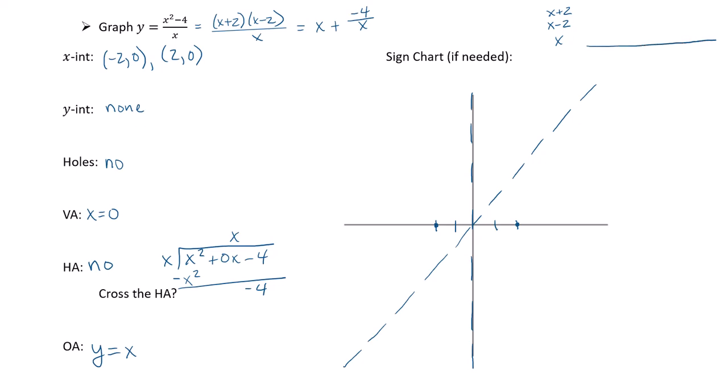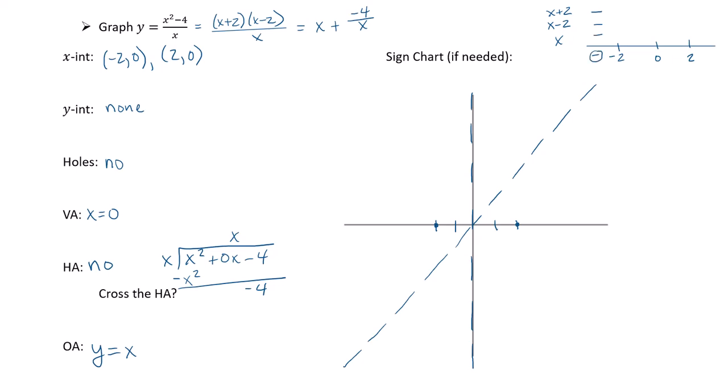I have 3 factors to show. I'm going to have 3 critical values to place there, and I'll have 4 intervals to test. Let's test a -3. -3 plus 2 is negative, -3 minus 2 is negative, and -3 is negative.